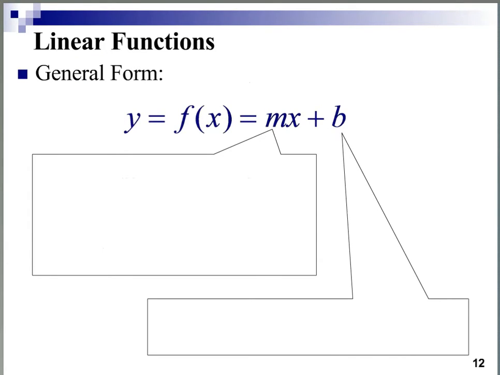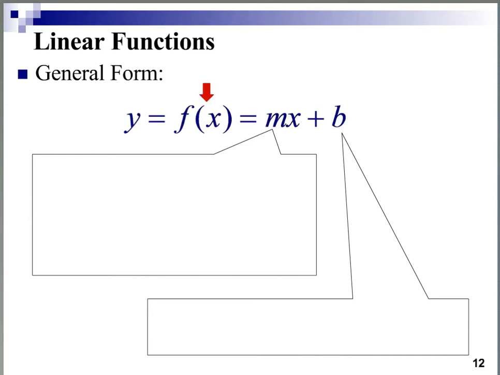All right, so let's go ahead and start with a linear function. A linear function is a function of the form y equals mx plus b. What we want to keep in mind here is that y and f of x are interchangeable. This notation f of x does not mean f times x. Instead, it means that y is a function of x.